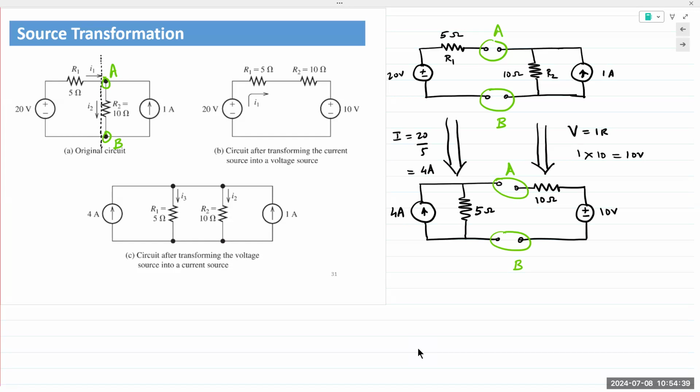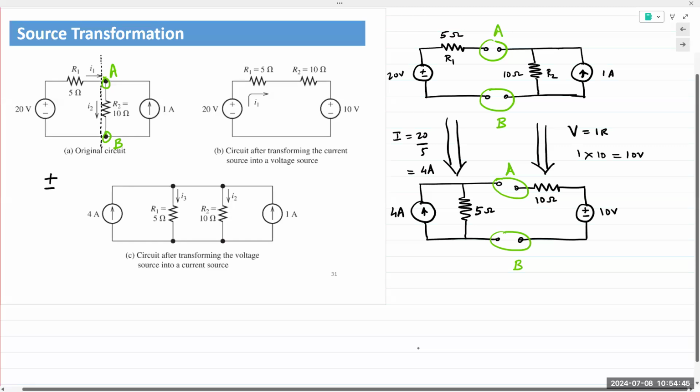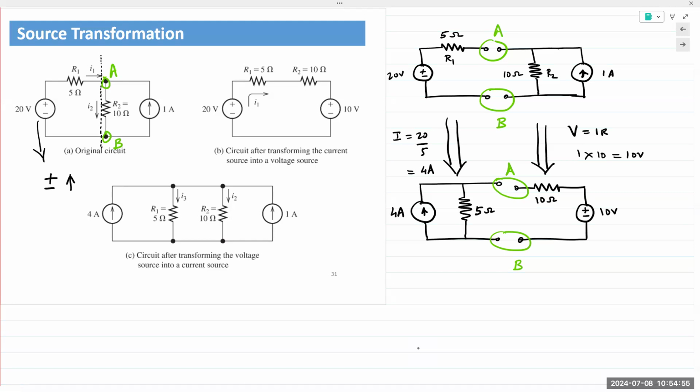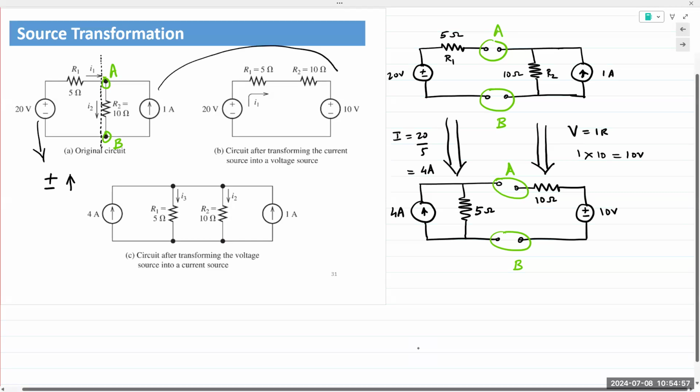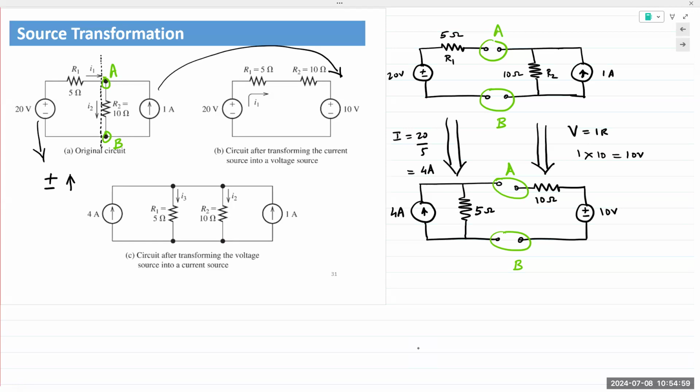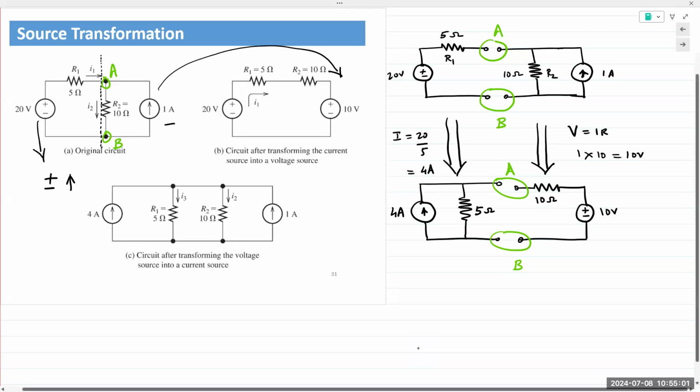Yes, so the question being asked is about the current direction, and the answer is yes, because the voltage source has a plus and a minus, right? And so the current direction would be in this upward direction, going from minus to plus. And the same concept here, because the current is going in the upwards direction, for a supply current always goes from minus to plus.